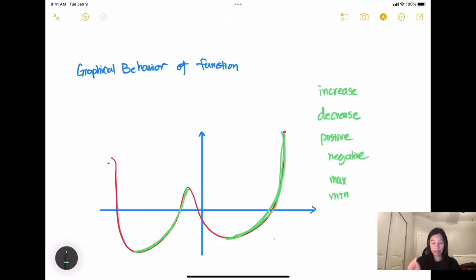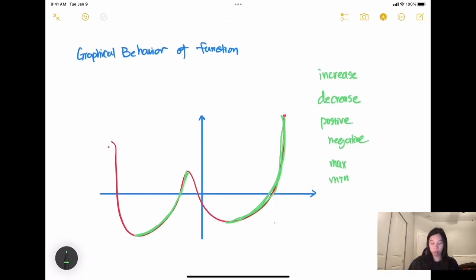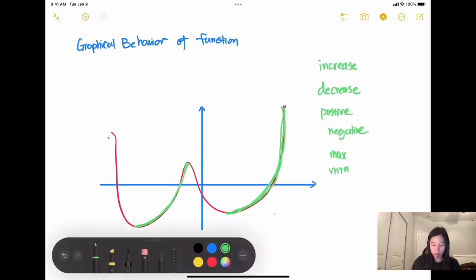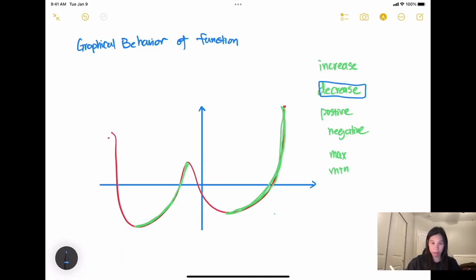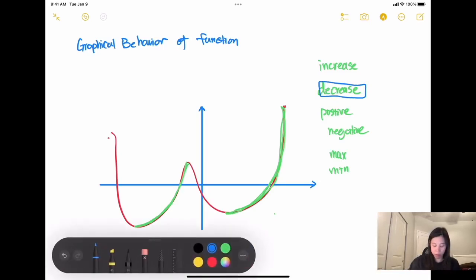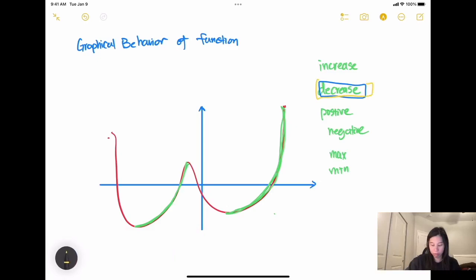Agree? This is not hard. This is just how you identify it. So what about decreasing? I'm going to use a yellow pen. Decreasing means the function from the left to the right is going down. So this part is decreasing.